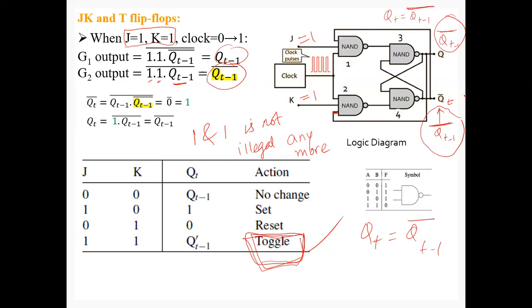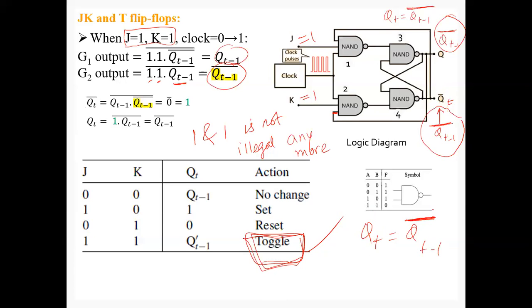At times you might need the output of Q bar in the previous state. So when you have data, you can use the data for different purposes. We'll see that. We have a lot of applications for that.